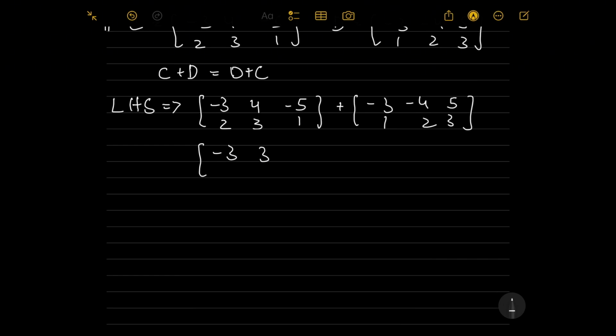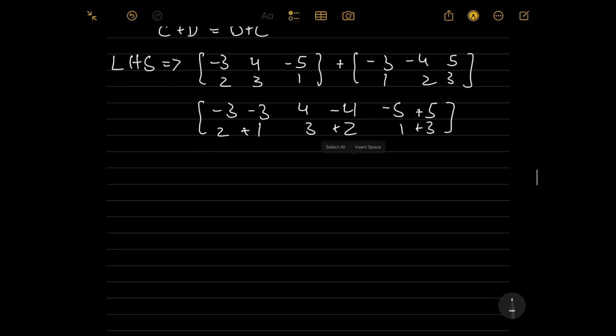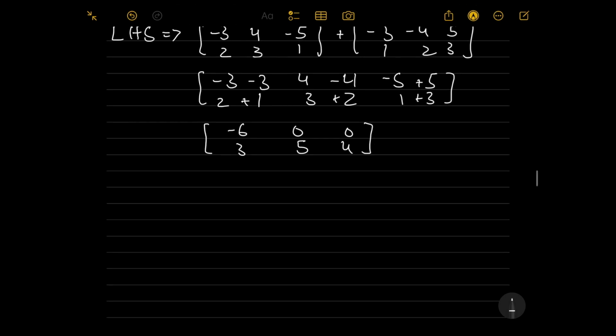So minus 3, then 4 minus 4, minus 5 plus 5, 2 plus 1, 3 plus 2, and 1 plus 3, which will give us minus 3, minus 6, 0, 0, 3, 5, 4.